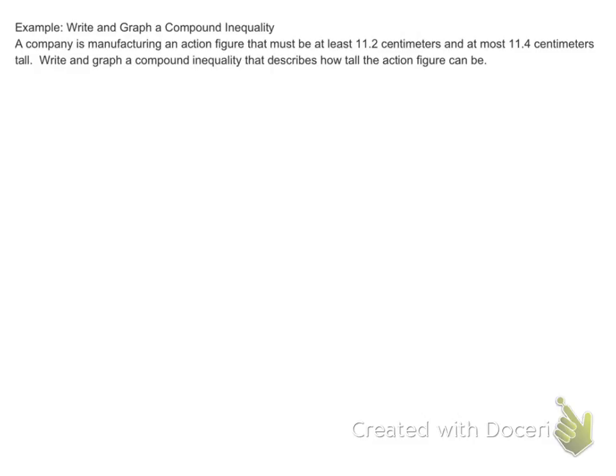Write and graph a compound inequality that describes how tall the action figure can be. Let's use T for tall, right? Or what do you want to use? T for tall or H for height? It doesn't matter. Let's use H. H equals the height. Okay. So then what can I do here?